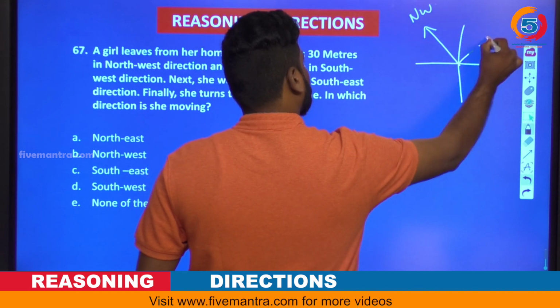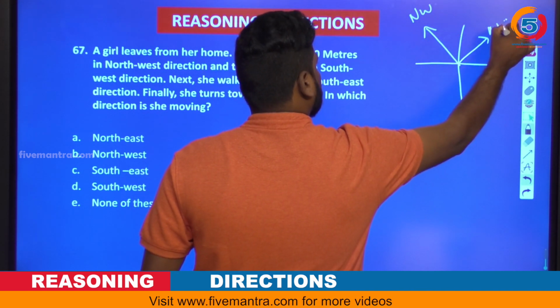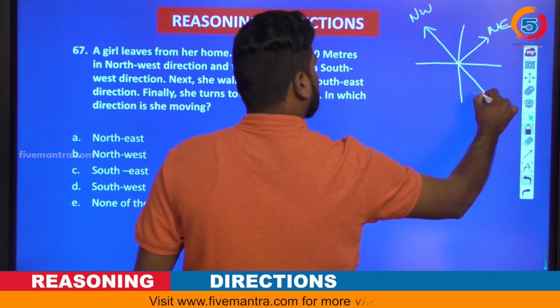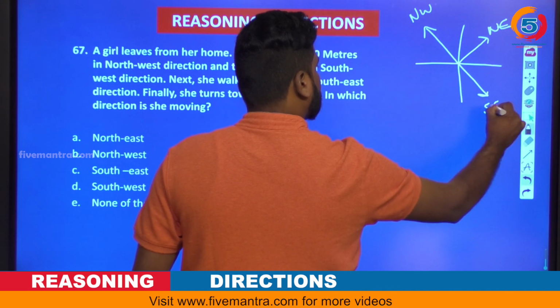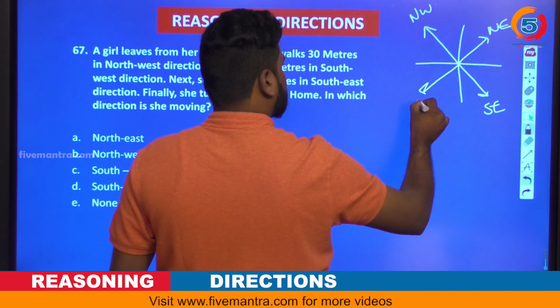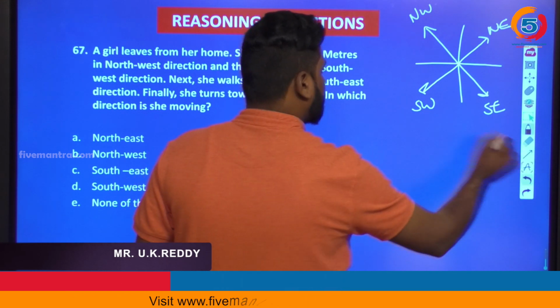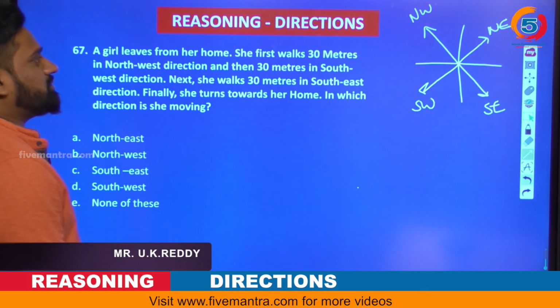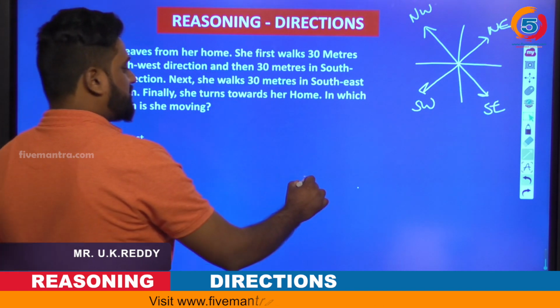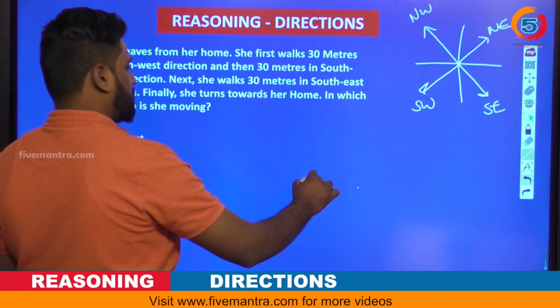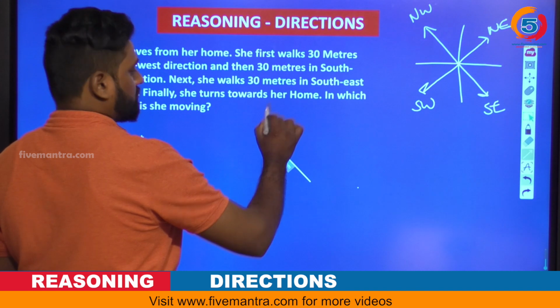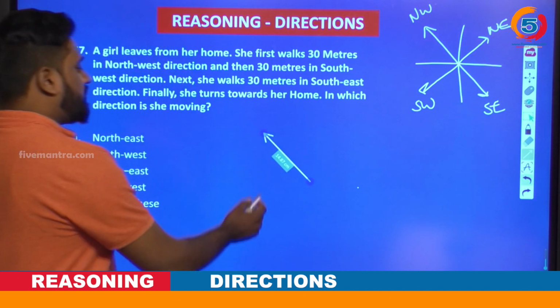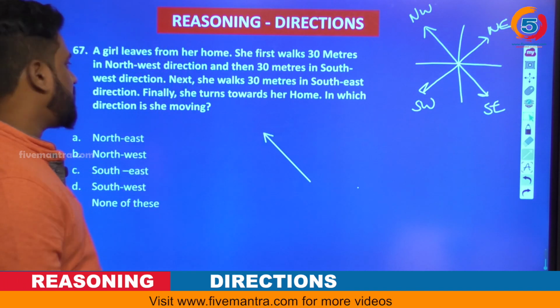Northwest, northeast, southeast, southwest. According to this we can move. So 30 meters in northwest, this is the northwest direction. I am not writing any measurements here.